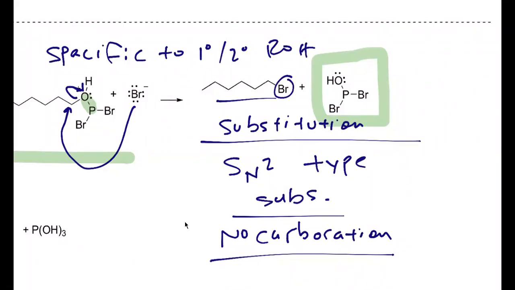I have my alkyl halide that I made, and then I got my phosphorus with 2 other bromines on it. So what do you think? If I have 2 more alcohols left, shouldn't I be able to react it again? Yeah. And then you'll have the bromines come back in. I'm gonna show you in a second.